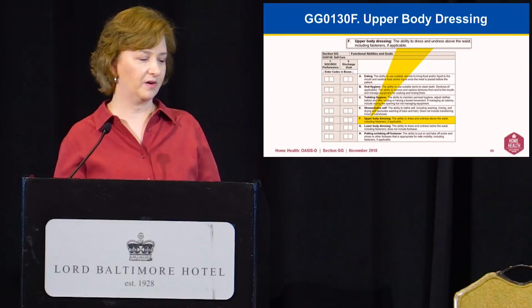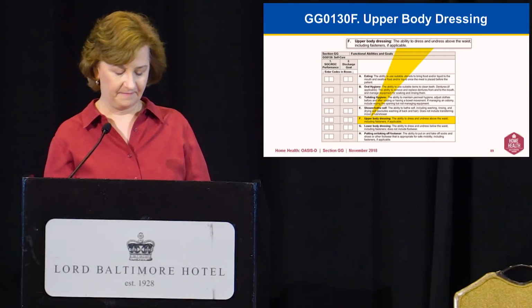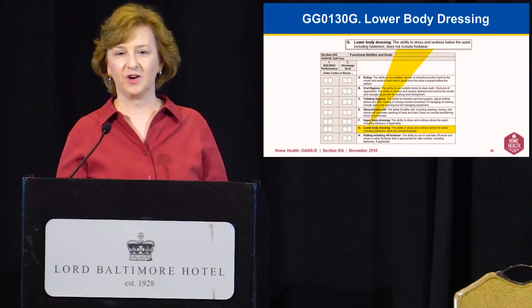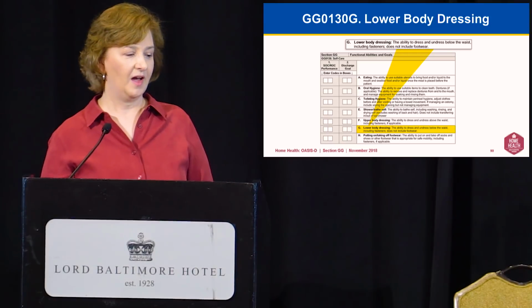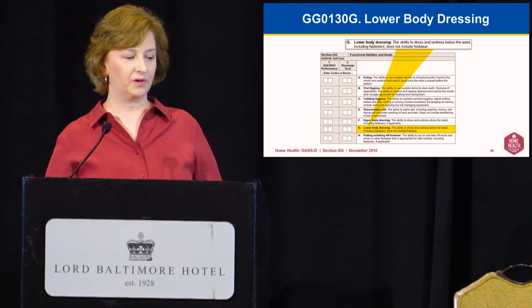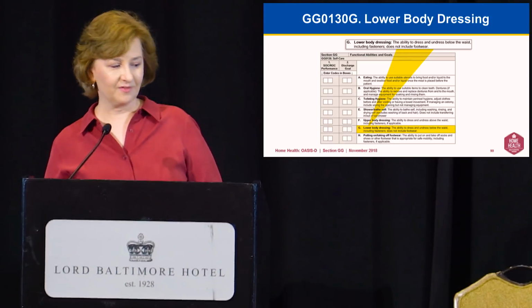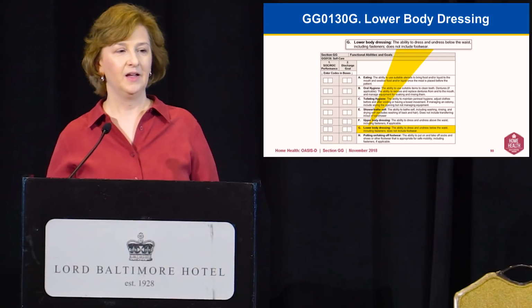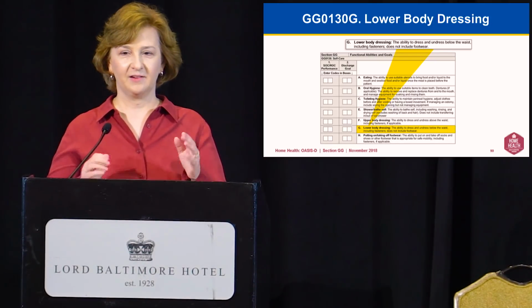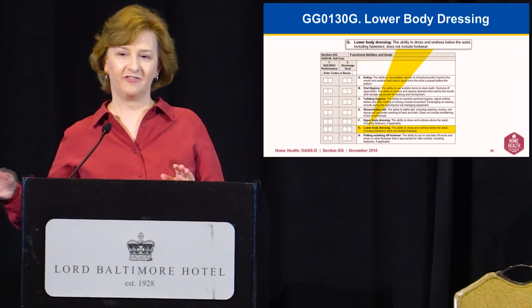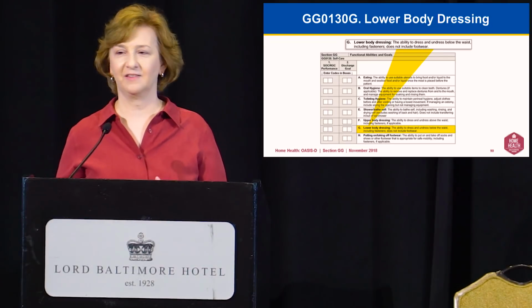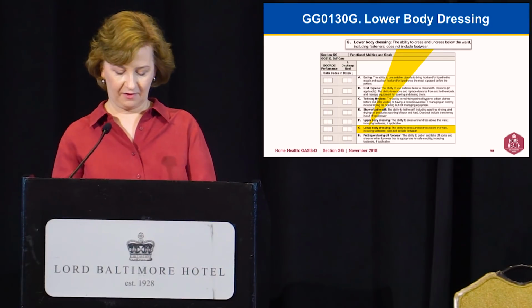Whatever the person's wearing is what you would assess them on. For lower body dressing, that relates to the ability to dress and undress below the waist, and it includes fasteners, for example, if pants are being worn, and there is a separate item for footwear, so lower body dressing ends around the ankle.